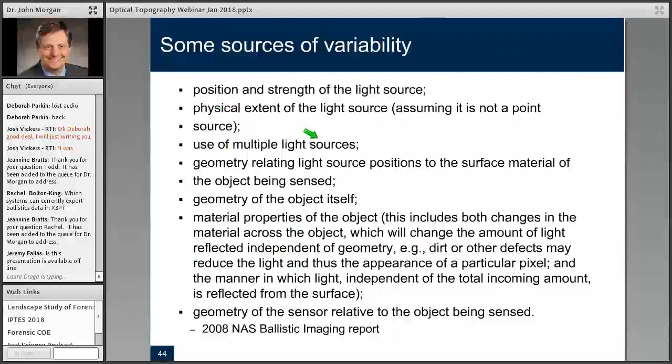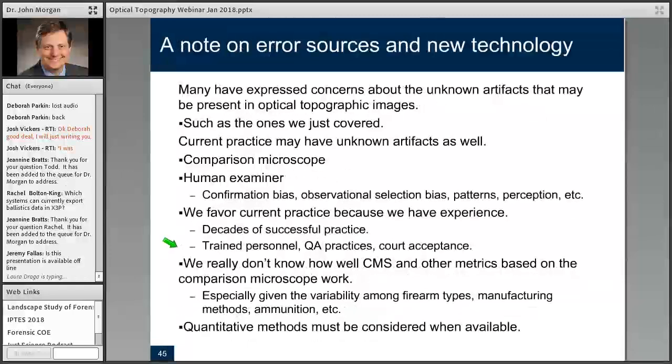But it certainly involves looking at the sources of variability, and this is just a small list, including things as simple as the geometry of the sensor relative to the object being sensed, and the material properties of the object, and so on, and noting that we should think rigorously about what the error sources are, especially when we look at new technology.